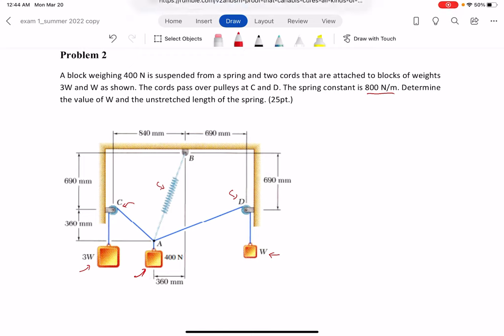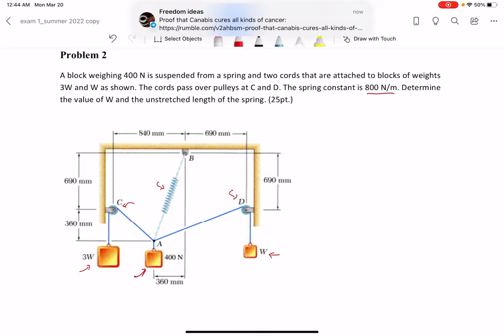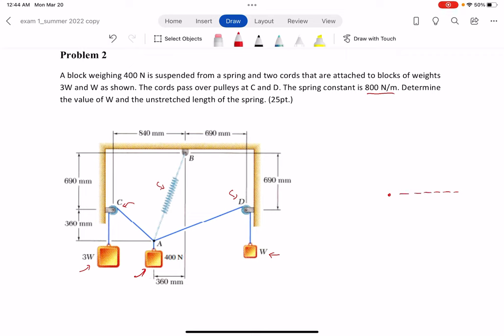Okay, so let's look at the point where all the tensions are included. If you look at point A, they all connect. If you want to find equilibrium, this is the x-axis and this is the y-axis. Now we are drawing the free body diagram.